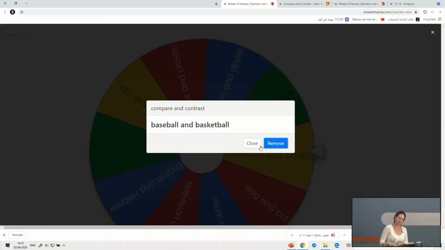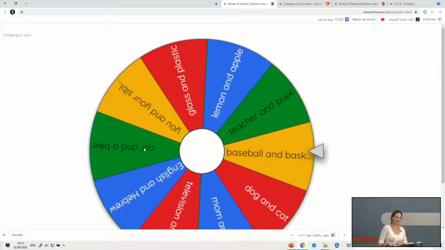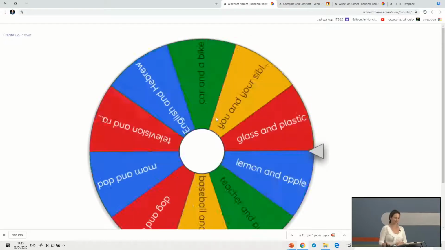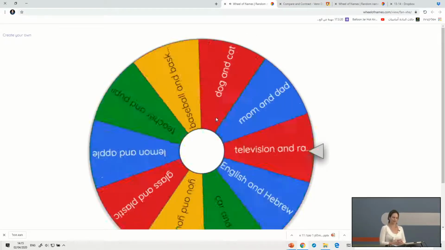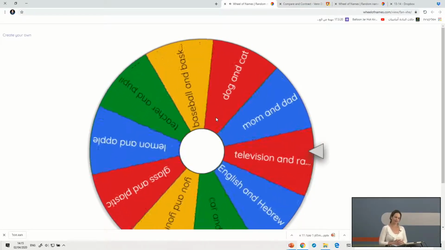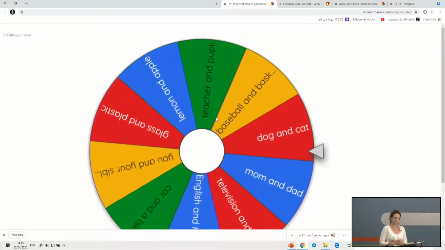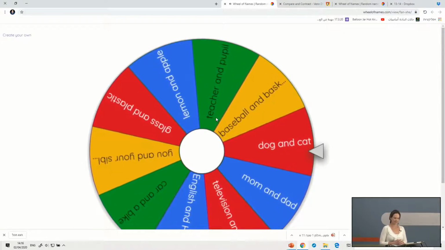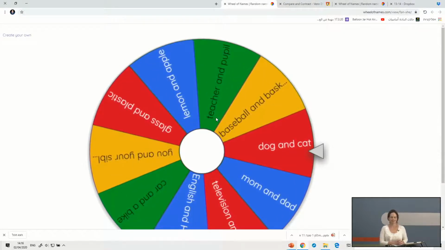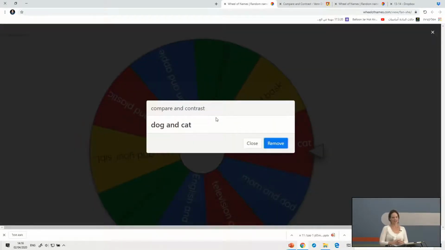Okay. Let's spin again, see what we get now. All right, a dog and a cat. Let's compare and contrast a dog and a cat. I'm going to try to use some of the vocabulary that we learned, okay?